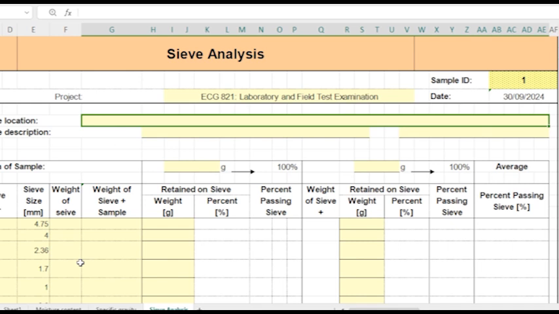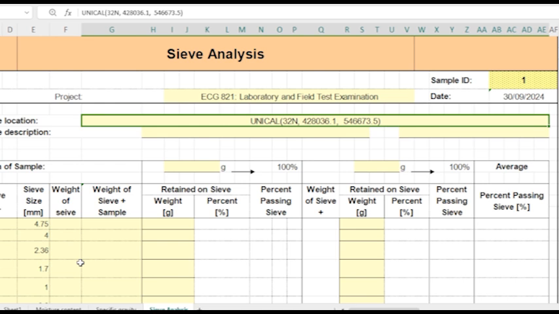So in this experiment, we will now consider the date the soil sample was taken, the date the soil experiment was carried out, and the date it was approved. So the project topic is the laboratory and field test examination. For sample location, it is at Unical, 32 degrees north, then 428036.1, 546673.5.